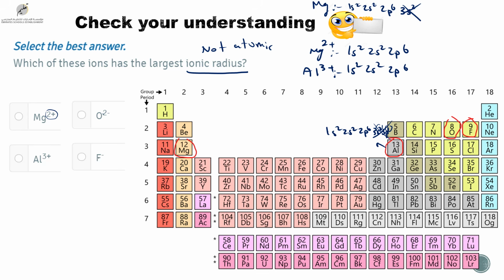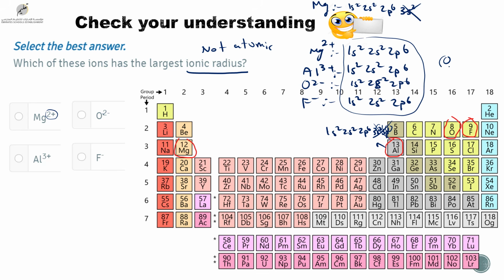Now oxygen and fluorine, they have these electron notations. 1s2, 2s2, 2p6. And this one 1s2, 2s2, 2p6. So all of them have the same electron notation. What do we mean by that? All of them have 2 energy levels.